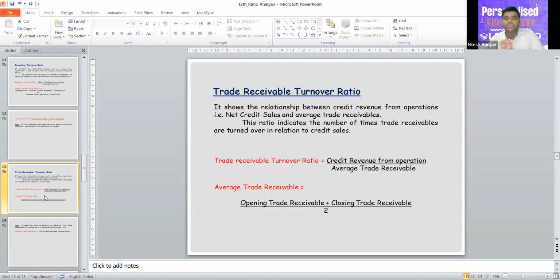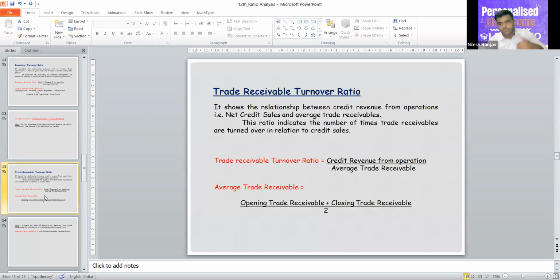So it shows the relationship between credit revenue from operations, that is net credit sales, and average trade receivable. You cannot include cash sales in this. This ratio indicates the number of times trade receivable are turned over in relation to credit sales.